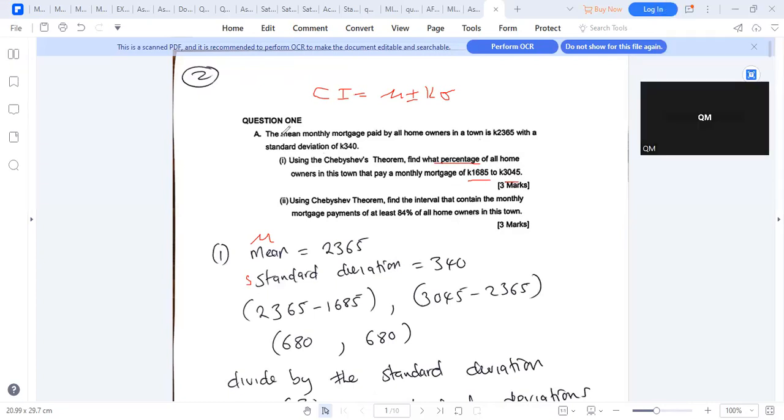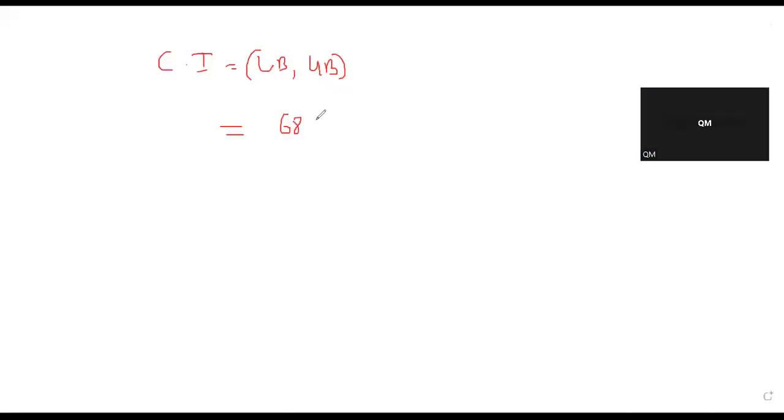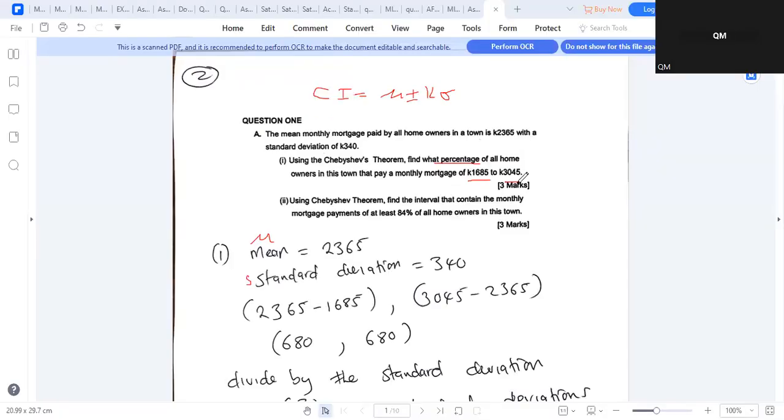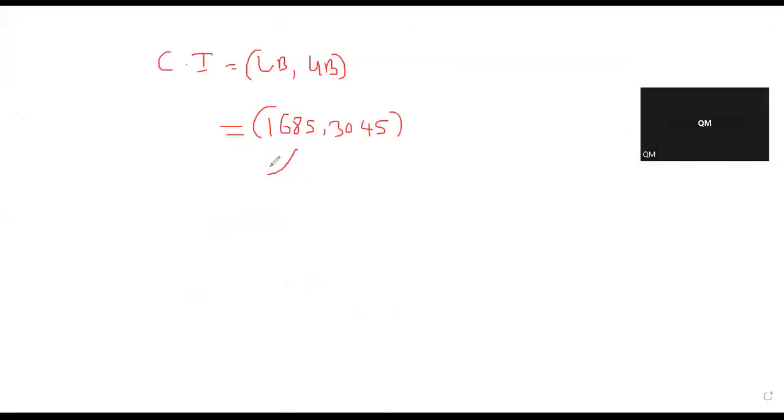So 1685 is our lower bound, and 3045 is our upper bound.